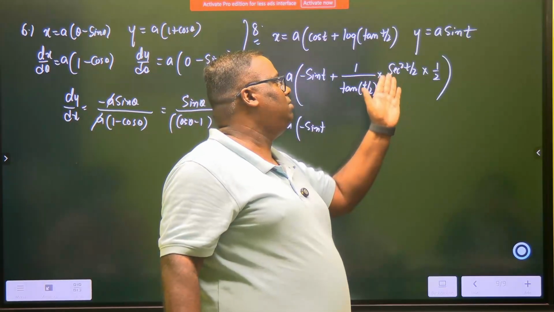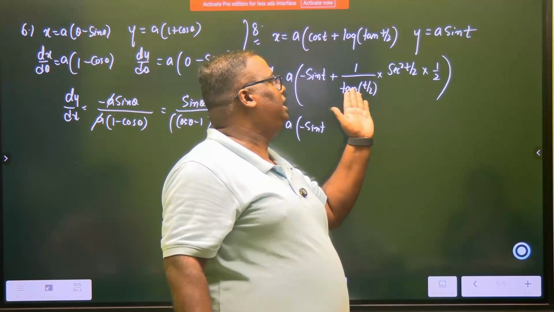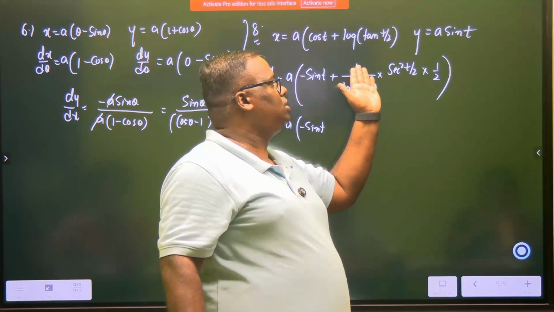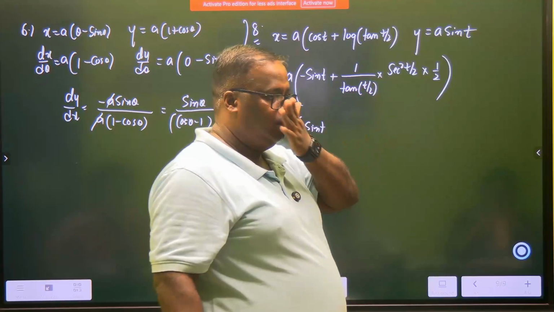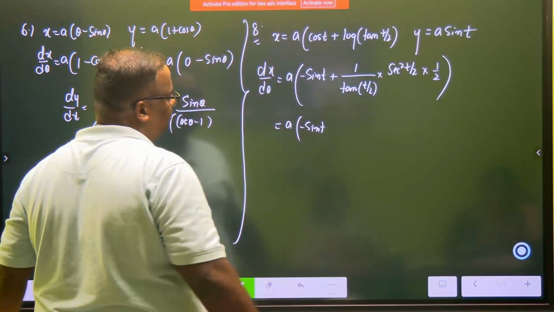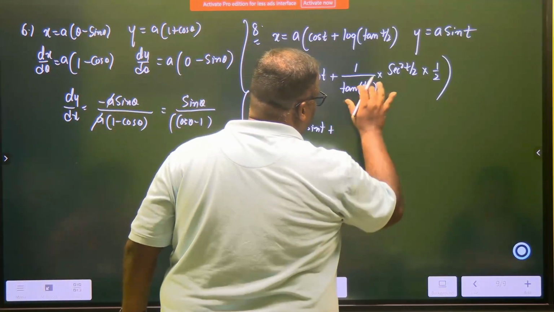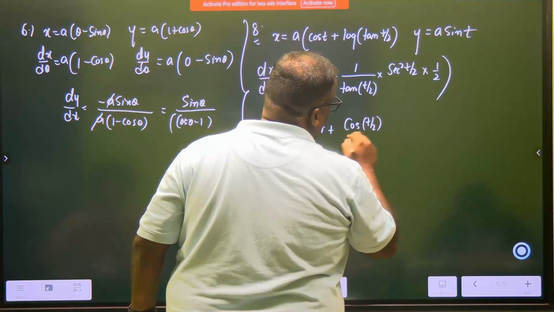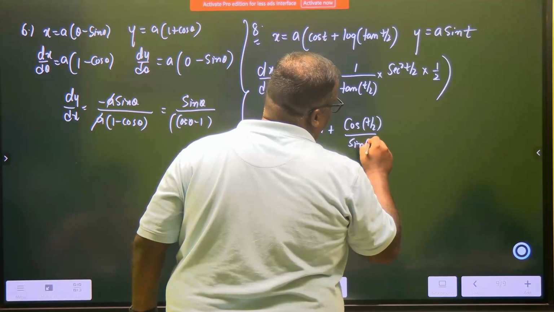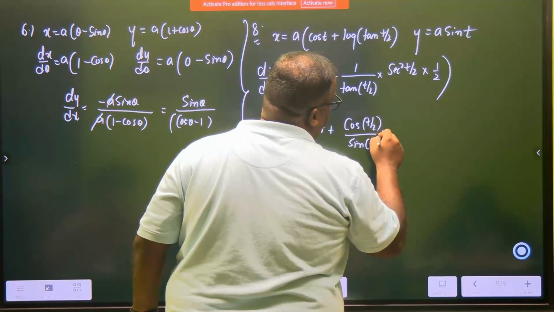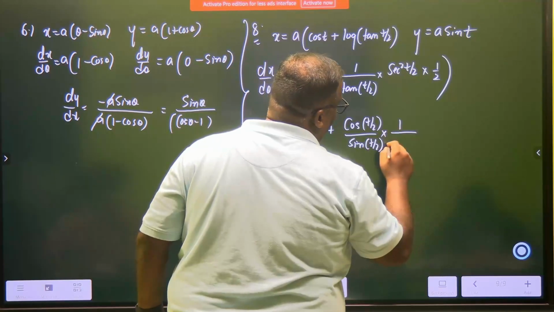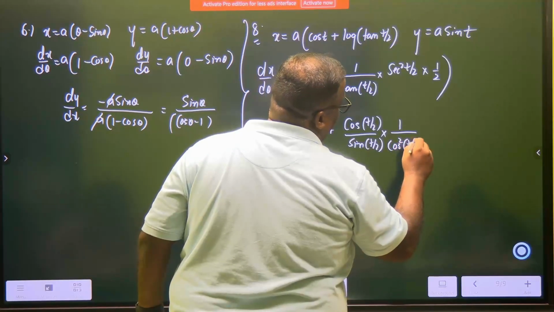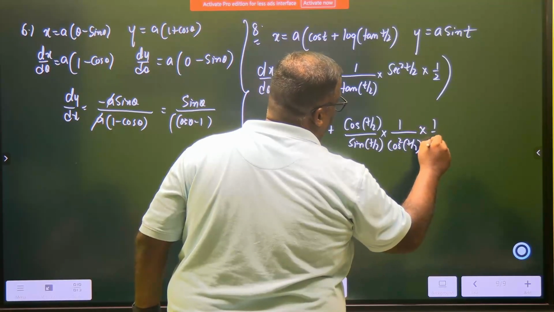Sec square is 1 by cos, and tan is like cot t by 2, cos by sin. Tan is like cot, which is cos t by 2 divided by sin t by 2. Let's see if some cancellation happens. Sec square is 1 by cos square t by 2, and this is multiplied by a half.